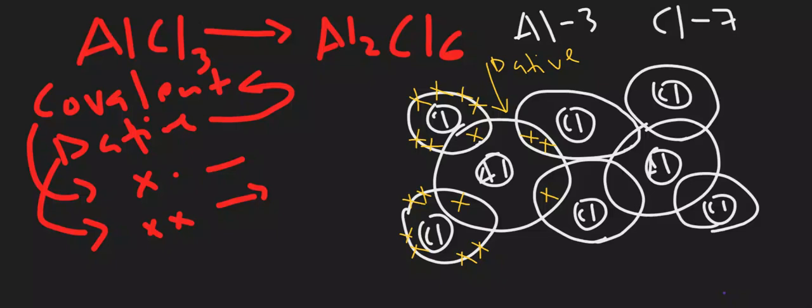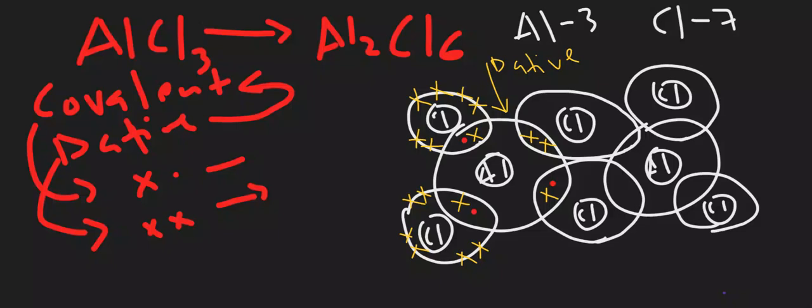Do not forget that each chlorine only requires 1 electron. It means that aluminium will give this one 1, this one 1, and that one 1. So the aluminium on the left-hand side will have contributed all the shared pairs of electrons.